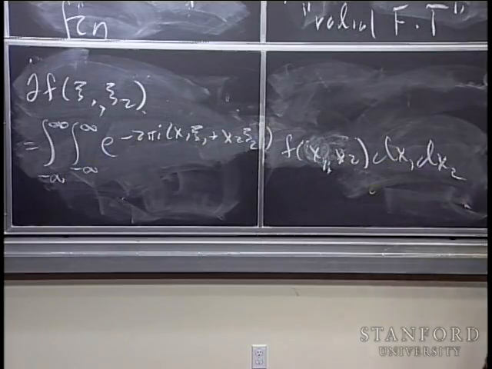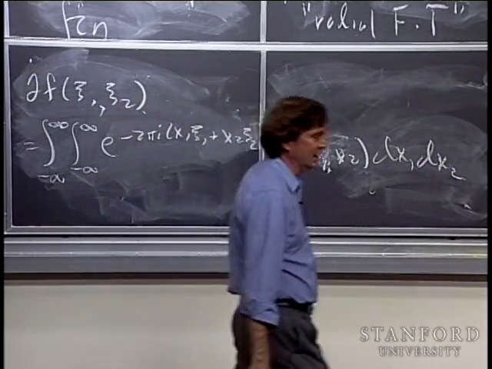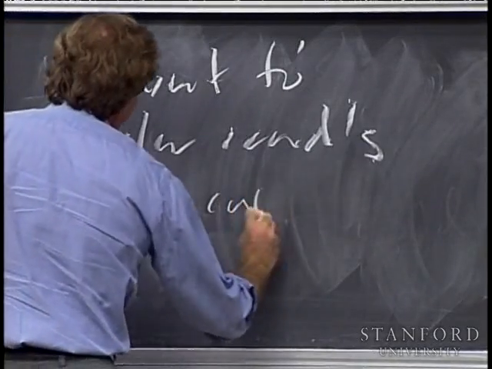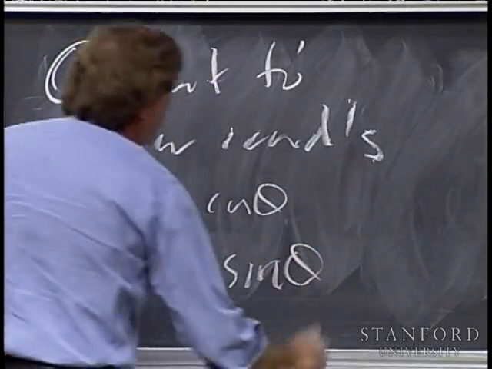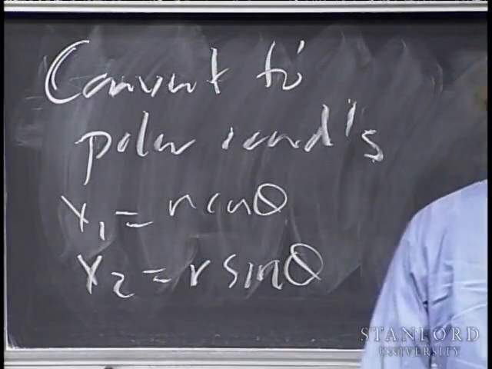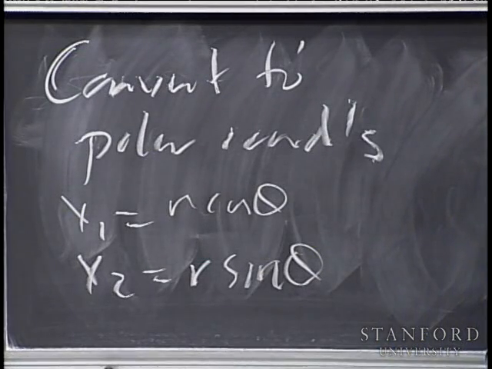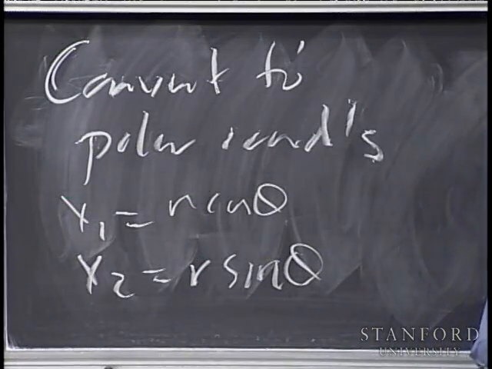Polar coordinates in both planes, actually, both the x1, x2 plane and the c1, c2 plane. So let me write x1 is equal to r cosine theta, x2 is equal to r sine theta for polar coordinates in the x1, x2 plane. But I also have the frequency plane. So let me introduce polar coordinates there, and I have to call it something else. I'll call c1 rho cosine of phi, and c2 is going to be rho sine of phi.